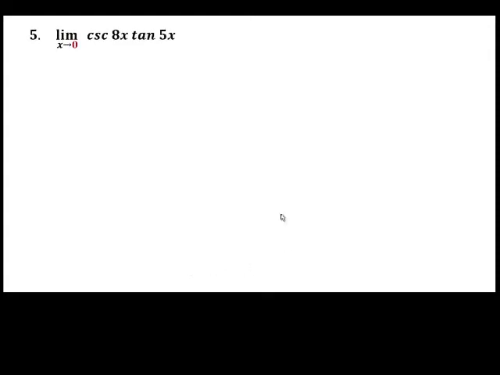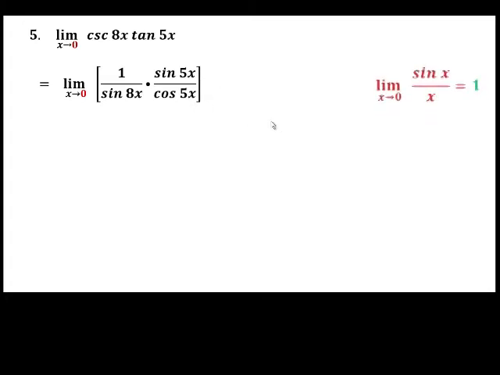Next, evaluate the limit of cosecant 8x tangent 5x as x approaches 0. We can express cosecant and tangent in terms of sine and cosine. So in this function, we can multiply the whole fraction by a fraction equivalent to 1 so that we can make use of this theorem.